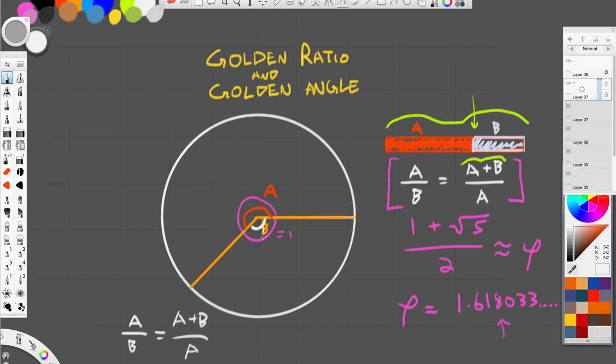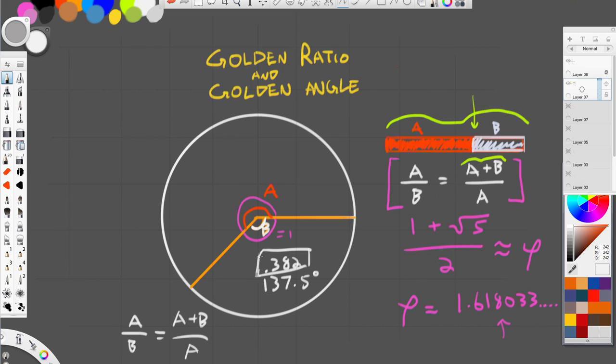This right here is roughly equivalent to 0.382 if we were to work it out. And in degrees, that's like 137.5 degrees.